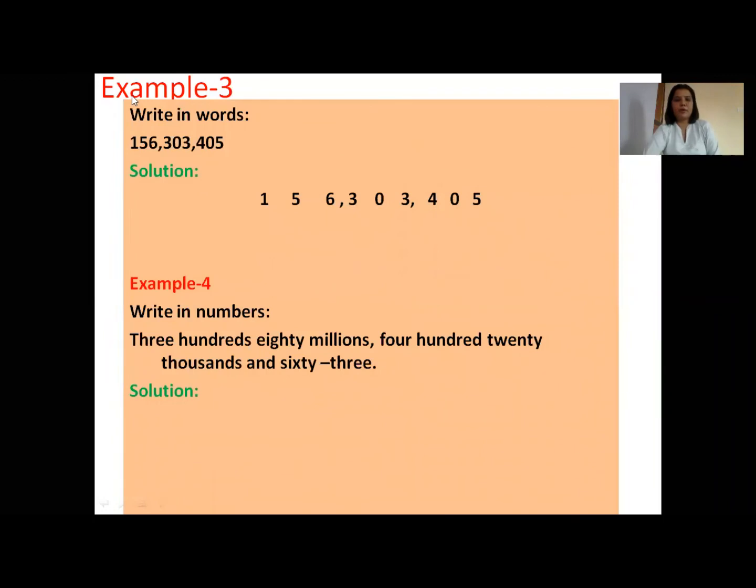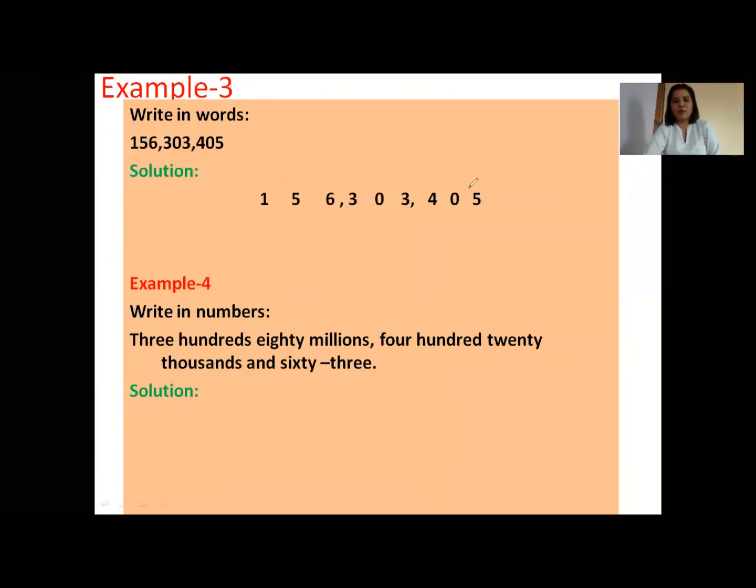Example number 3. Write in words: 156, comma 303, comma 405. So here as well we are going to roughly sketch the place value table. This will save our time.